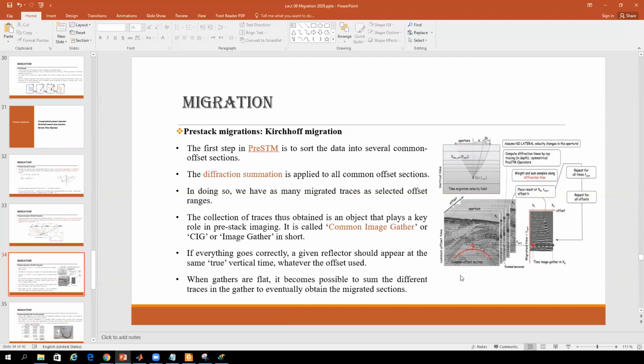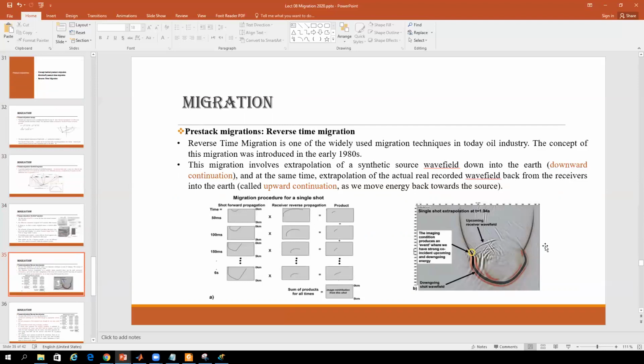From now on, we will call them common image gathers. Why? Because they are already collected and migrated, so they are called common image gathers, not simply CMP gathers, shot gathers, or CDP gathers.